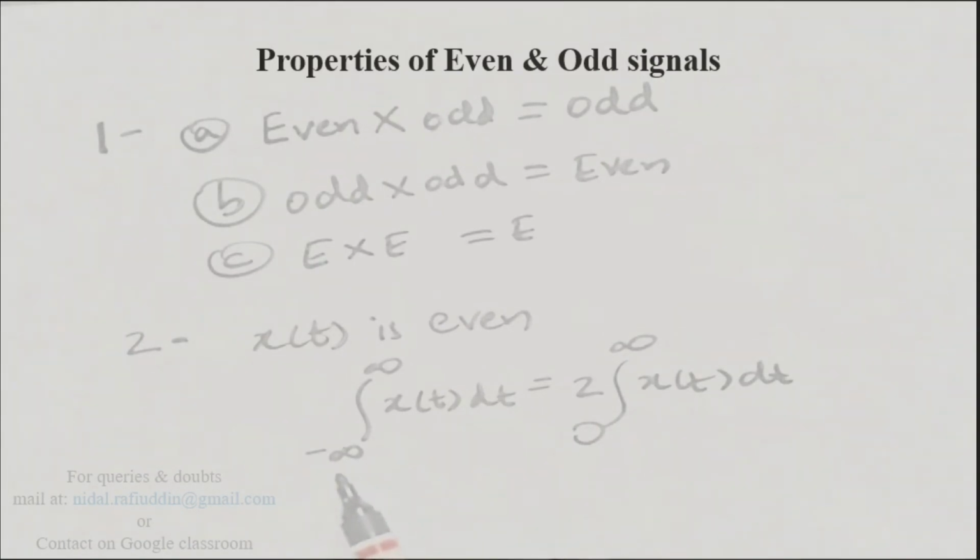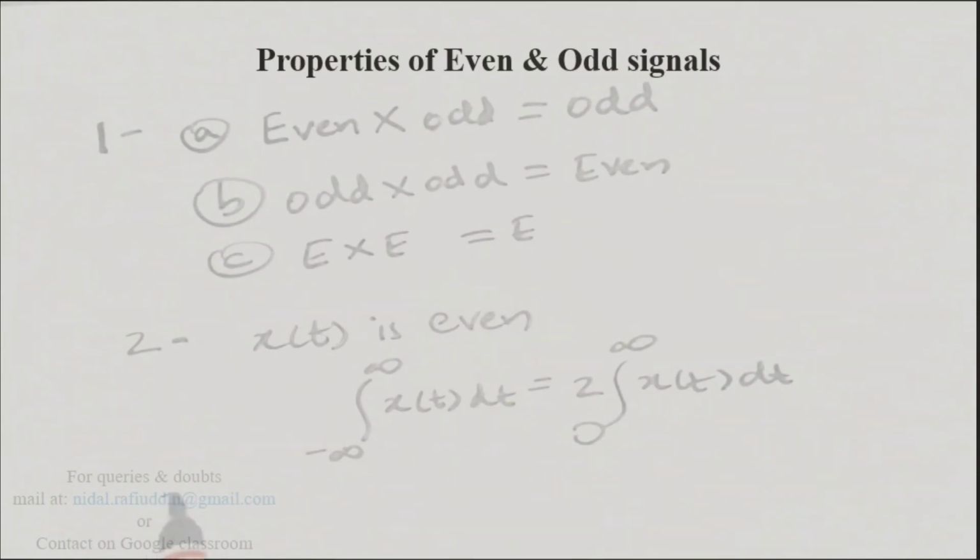If you talk about the left part of the range of t, that is from minus infinity to 0, for all negative values of t, if you substitute the value of t in x(t), you will get the original signal x(t). Since even signals are symmetric about the vertical axis, for all negative values of t the values of x will be the same as that of the positive values of t, and thus instead of writing in this manner, we can say that the value will be equal to 2 times the integral from 0 to infinity x(t) dt.